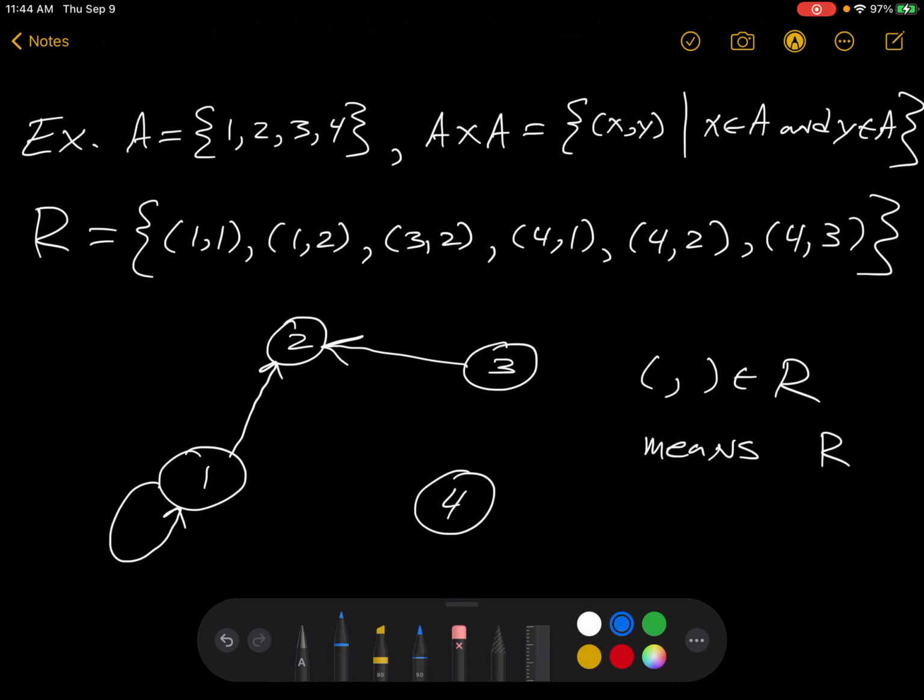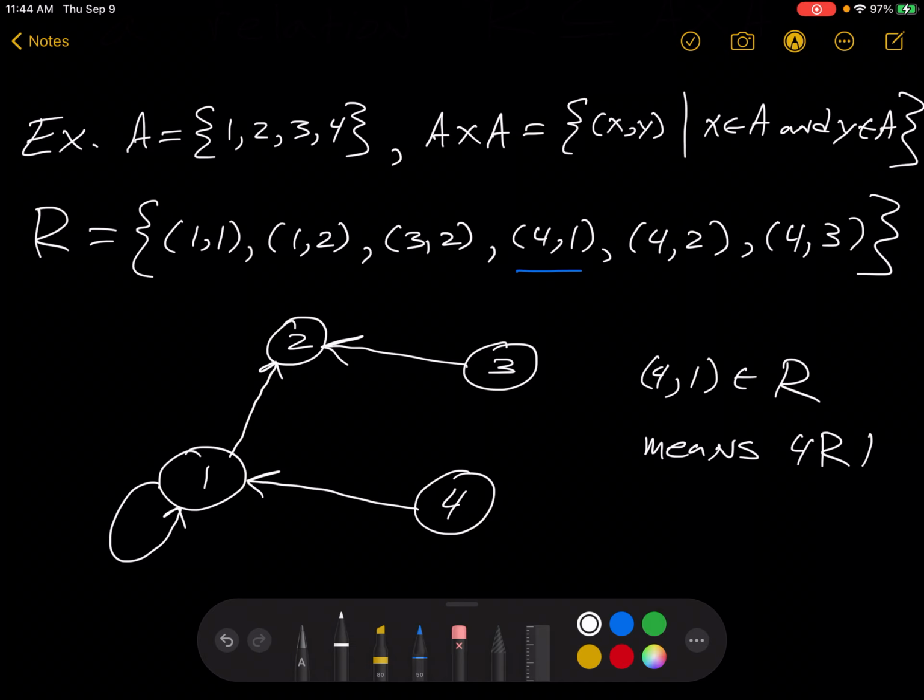Now moving to the next ordered pair, (4, 1). (4, 1) in R means that 4 is related to 1. So we indicate that with an edge like so. An edge that starts at 4 and ends at 1.